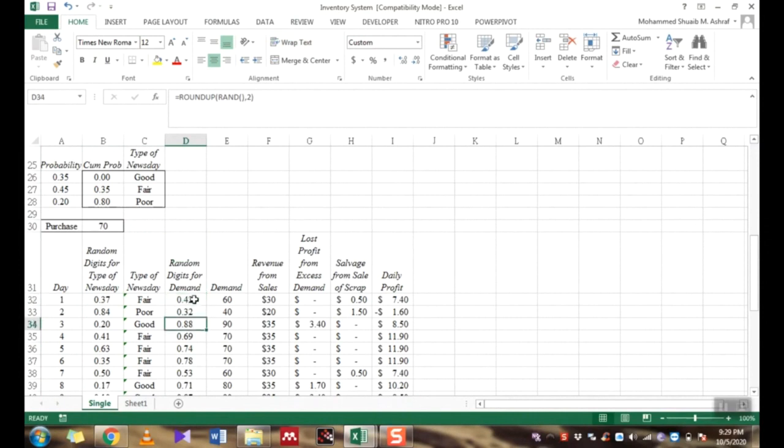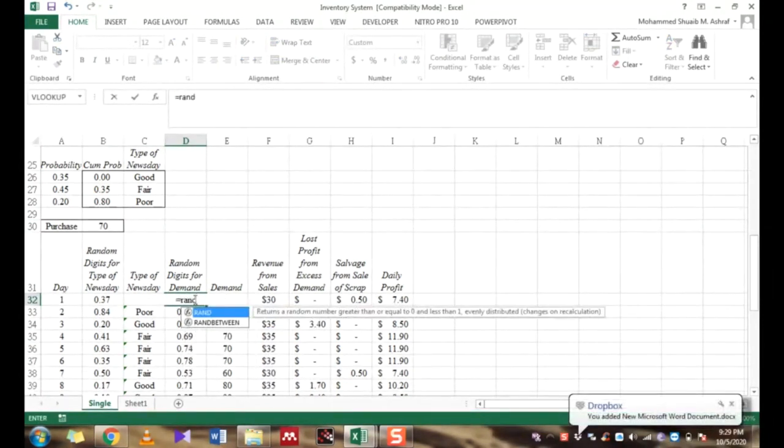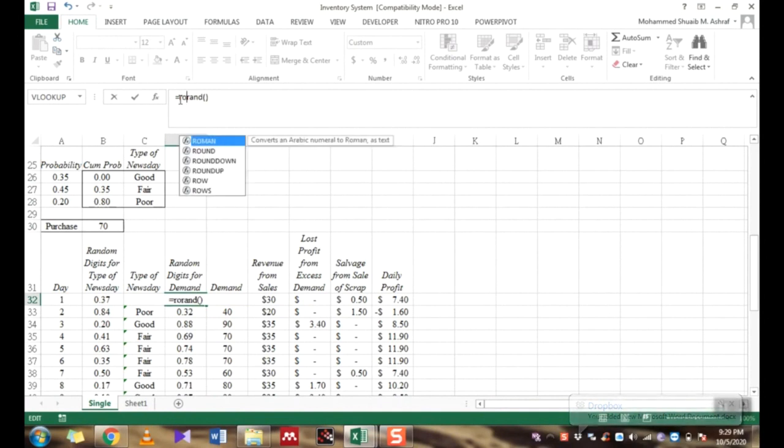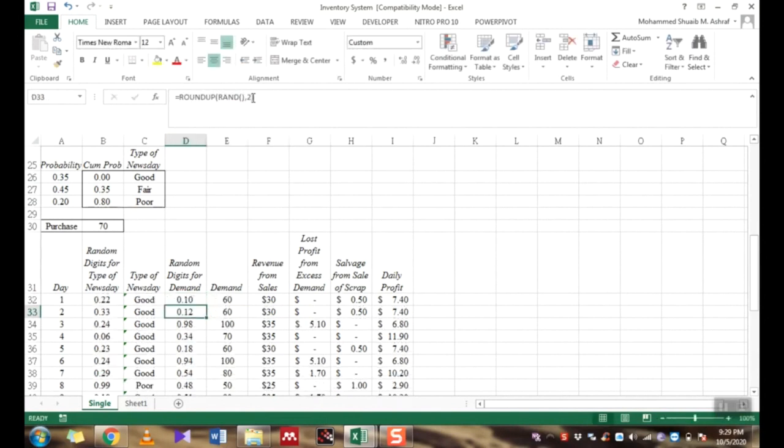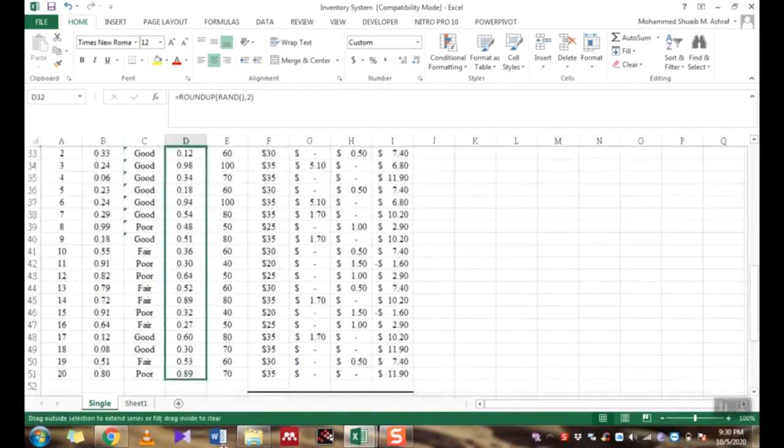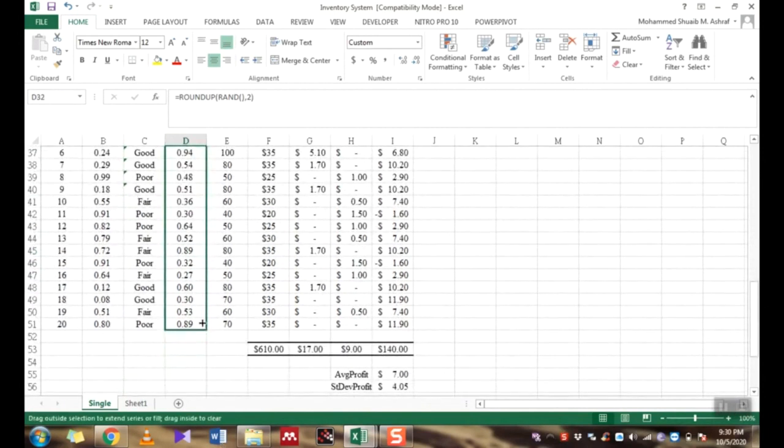I will generate a random number for demand. How? I have the rand function. If I want to round up, the rand function, comma, up to 2 places, so this is the round up. Okay.